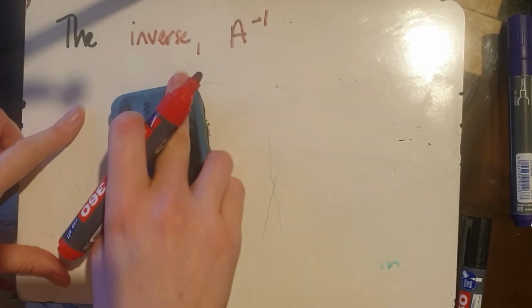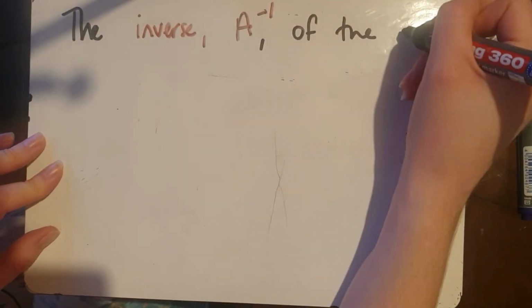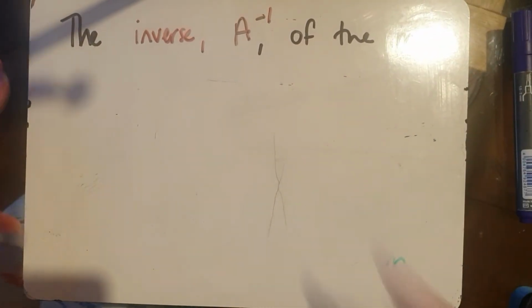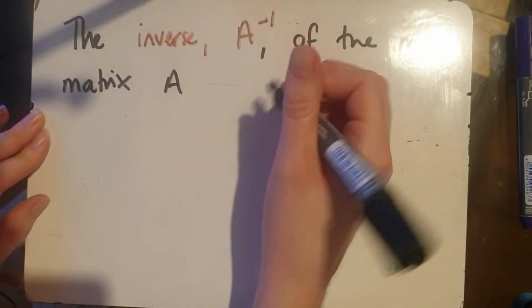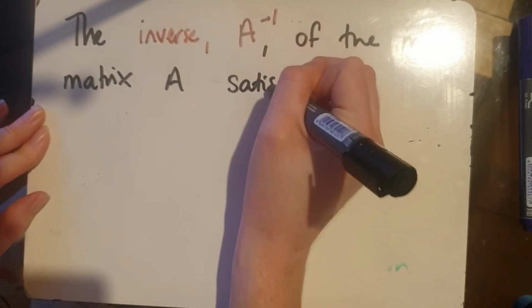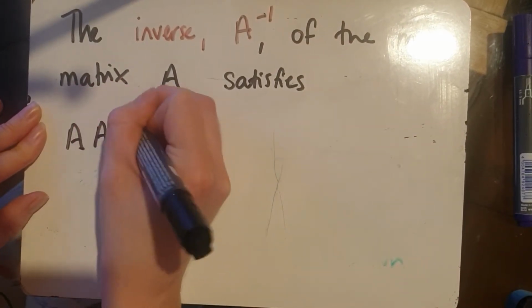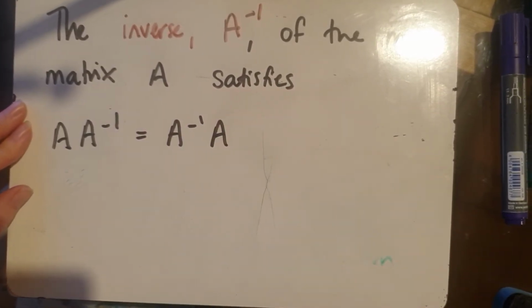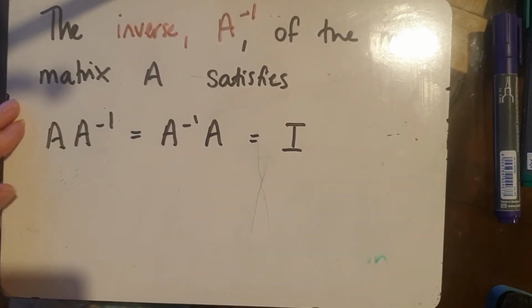So the inverse, A inverse, of the matrix A, you can't see that top bit, keep forgetting, will give us the result, or we can say satisfies, A times A inverse is the same as A inverse times A, even though they're usually not the same, and that will give us the identity matrix.